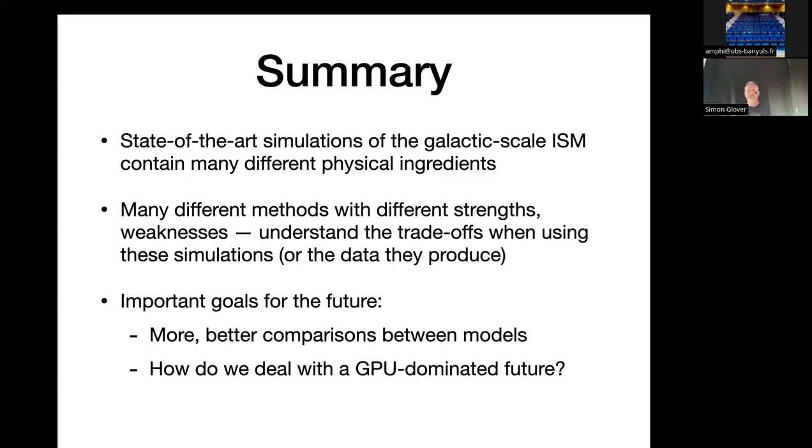We're often not good enough as numerical astrophysicists to spell this out in papers. So it's often a good idea to come talk to the people actually running the simulations. Like, can I trust what this is telling me for the temperature of the ionized gas? Like, no.